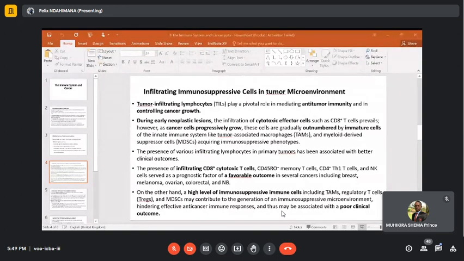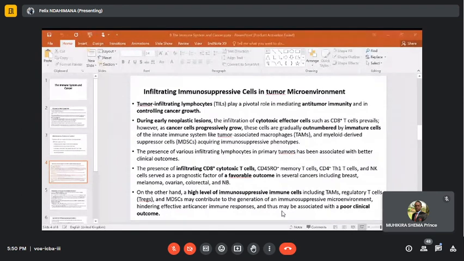But here they are saying that in the early neoplastic stage, like during the early stage of the cancer, there is a predominance of cytotoxic effector cells, like these T cells that have the capacity to fight off cancer cells. But as the cancer cells progressively grow, as it increases, there will be a lot more immature cells than mature cells. And as we all know, immature cells don't help. They never work. They are just immature.